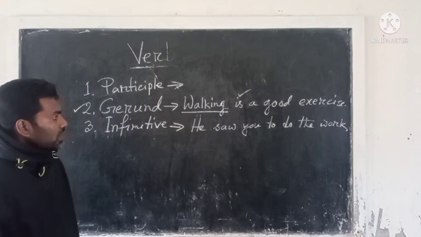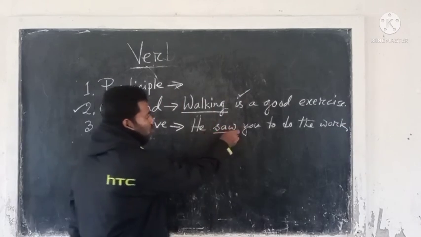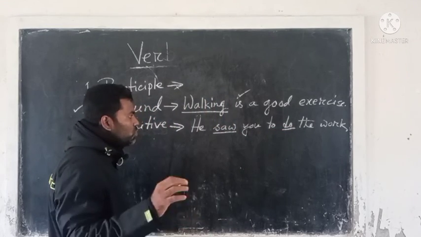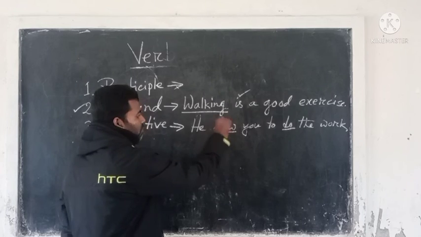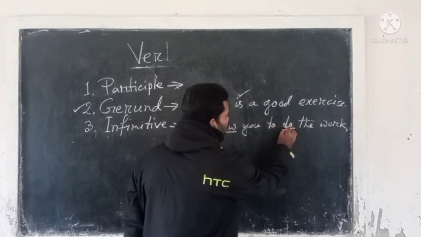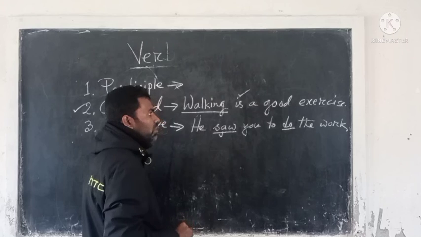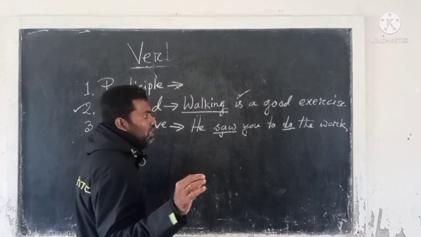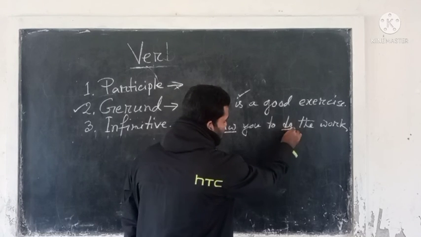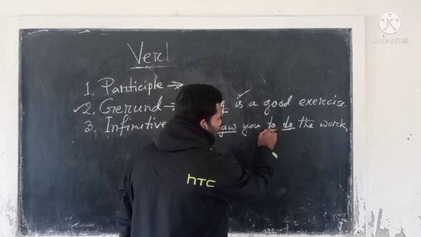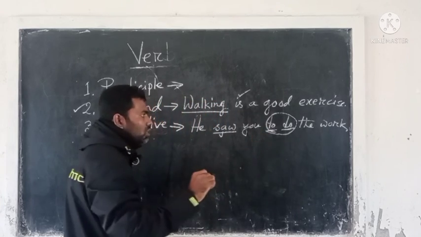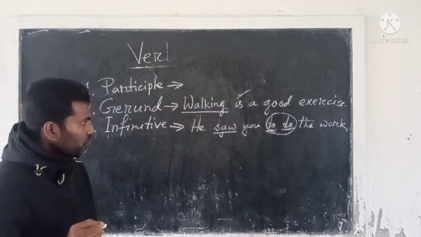Here in this sentence there are two verbs, saw and to do. Saw is a finite verb, but to do is a non-finite verb, and the verb in present form, if it takes to before it, is called infinitive. To do is an infinitive.